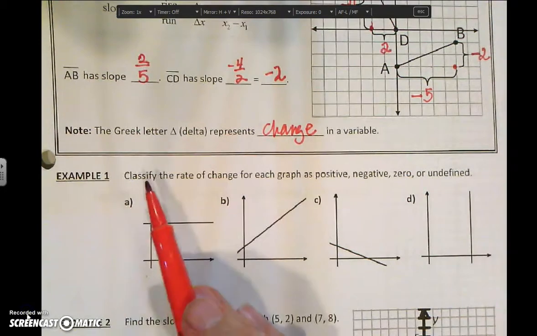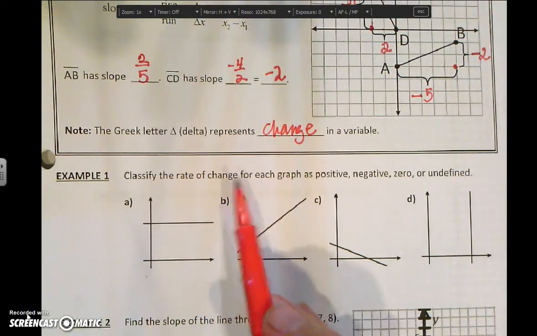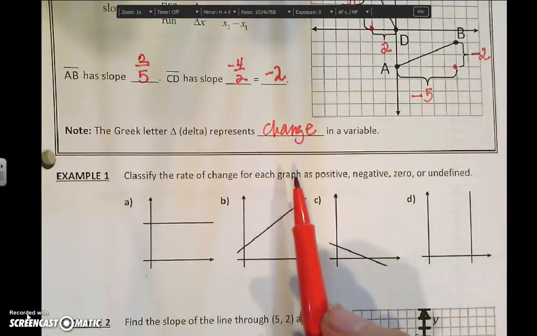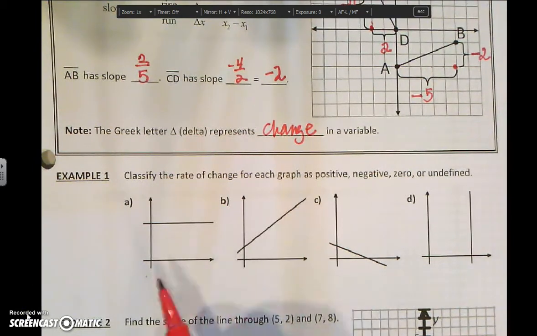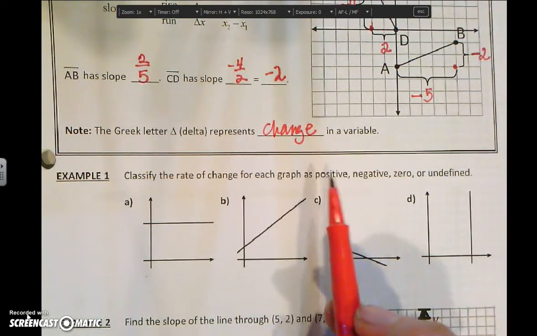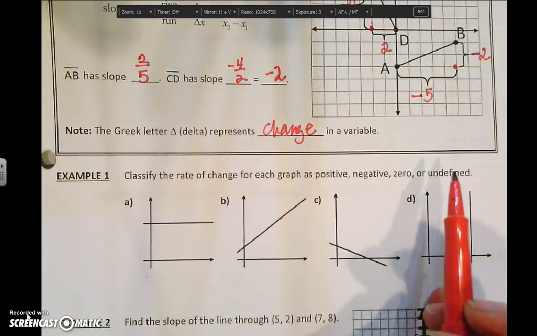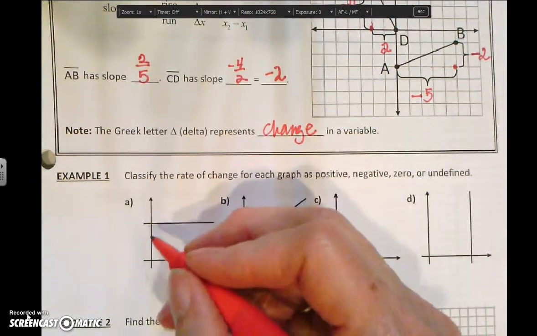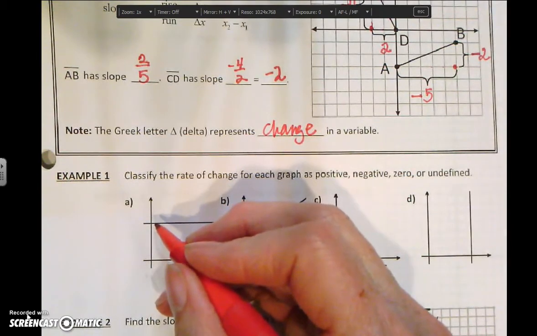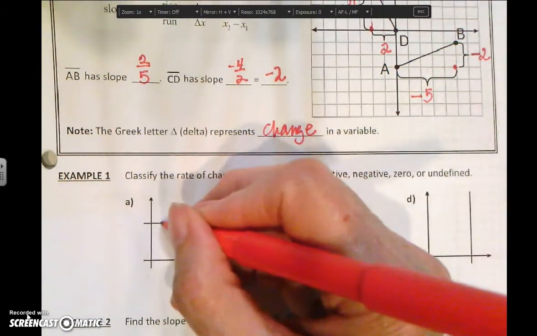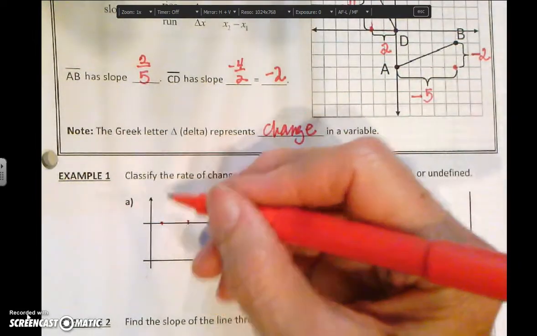In example 1, we're going to classify the rate of change for each graph. Because there's no counting to do, all we note is whether it is positive, negative, 0, or undefined. If we talk about rise over run, you see this one doesn't rise at all. If I thought about two points on the line, it doesn't rise.